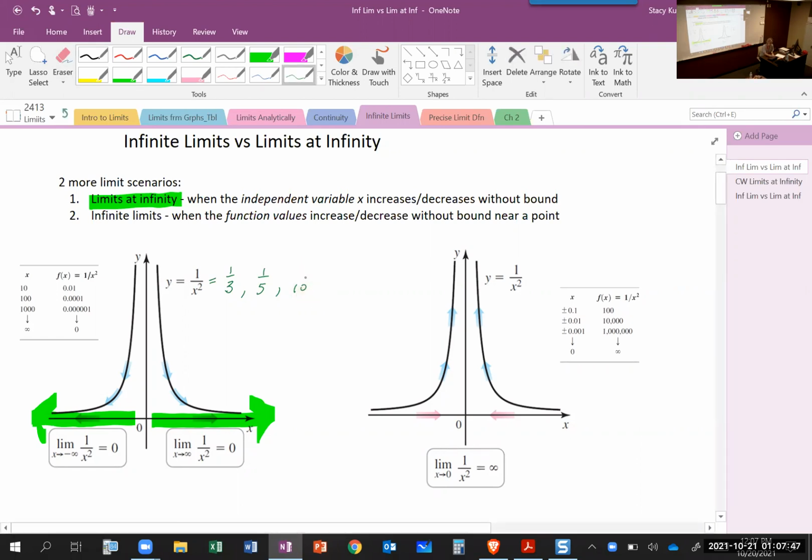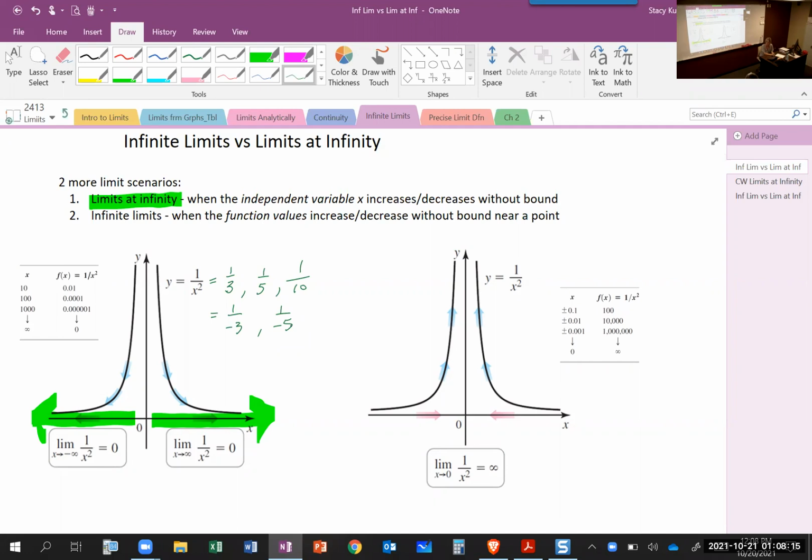And it's a similar concept if we go backwards. In other words, if I go to negative infinity, that doesn't change the fact that it's going to 0. It's just we're now over 1 over -3 or 1 over -5. That's still -0.33 and -0.2 or -0.1, but it's still getting smaller and smaller and smaller, correct?